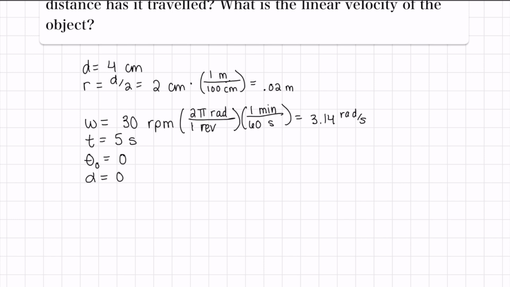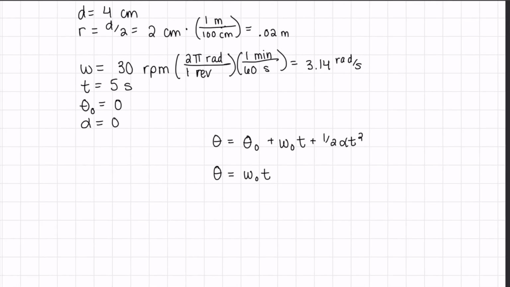Then when we write down our equation for angular position, theta equals theta naught plus omega naught t plus 1/2 alpha t squared. Subbing in just the things that are 0, we'll end up with omega naught t, and that would be the same as our omega since that's constant.